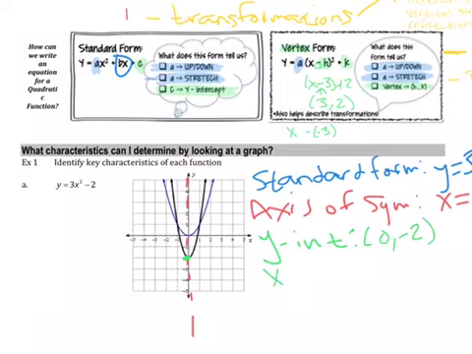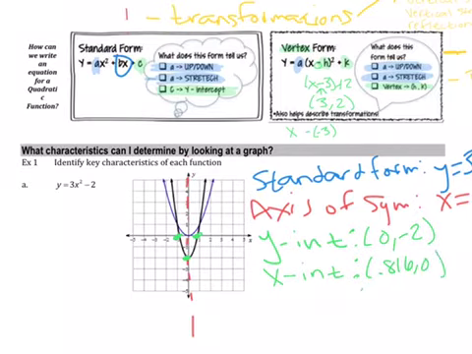And I can also find my x-intercepts. Now this is going to be one of those cases where there are 2 of them, because notice it crosses the x-axis here and here. So my points for the x-intercepts are going to be 0.816 and 0.